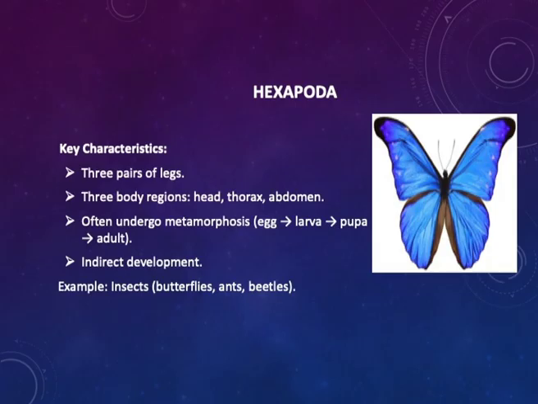Hexapodans possess 3 pairs of legs, and 3 body regions: head, thorax and abdomen. They often undergo metamorphosis from the egg to the adult form. The egg is converted into larva, then metamorphosed into pupa, then metamorphosed into the adult stage.